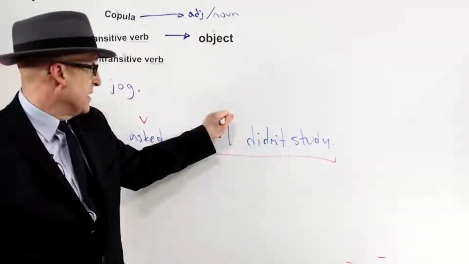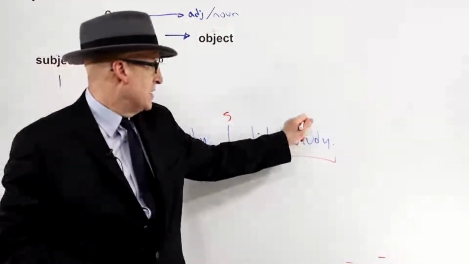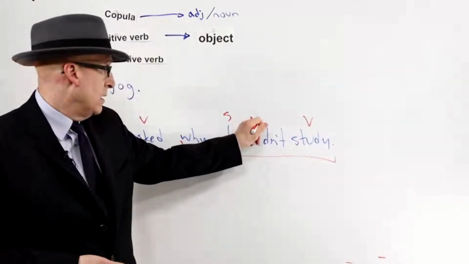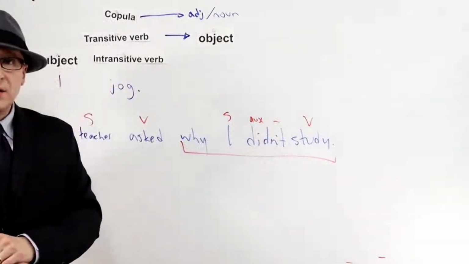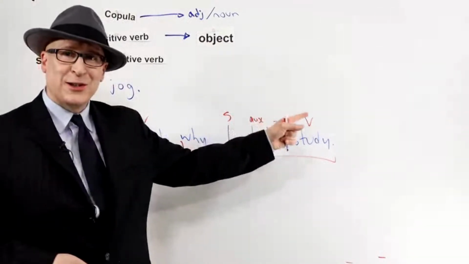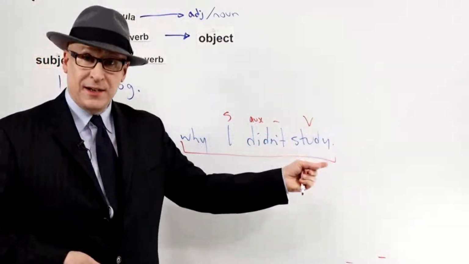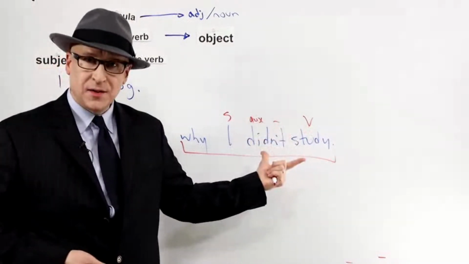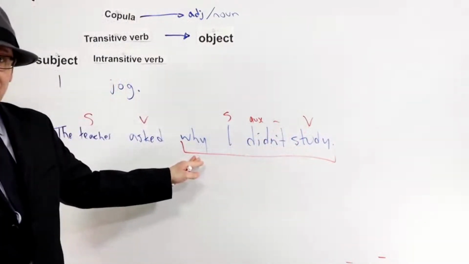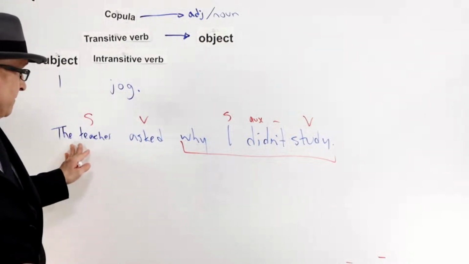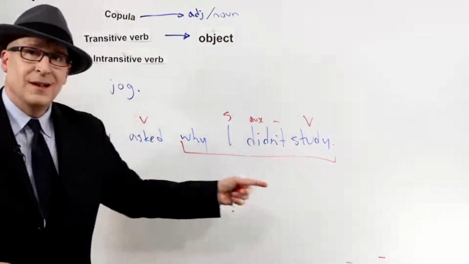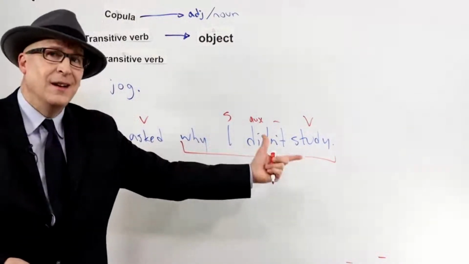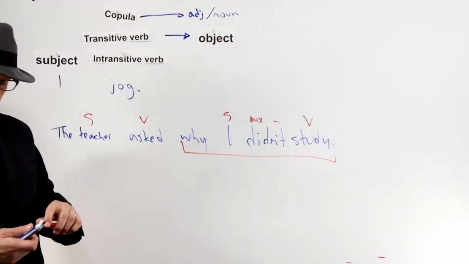And it's a clause because it has its own subject and its own verb. It has an auxiliary and it has the negative not, but the main thing is it's got a subject and a verb. I didn't study. That's a complete idea. That's a clause. But it's connected here and it comes after the verb. So this is what we call a verb complement. It's a whole clause, but it's complementing the verb.